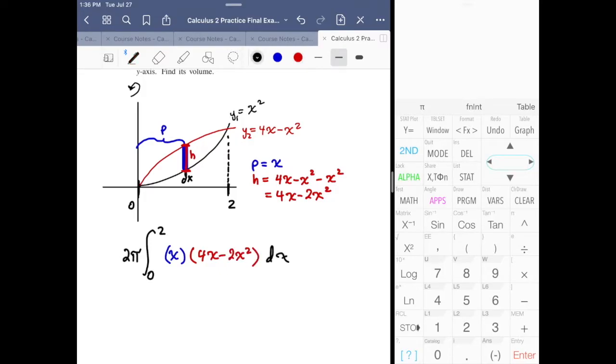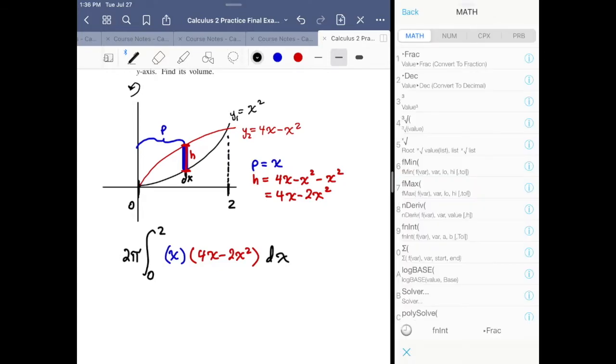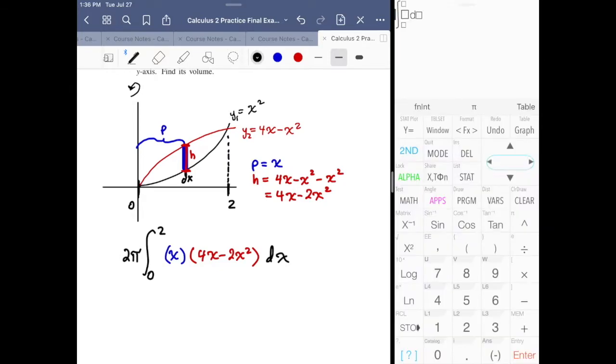All right, so this is what we're looking to integrate. So math 9, pop in my 2 pi first, times x, times 4x minus 2x squared, close it up, dx over the interval of 0 to 2, and you get about 16.8.